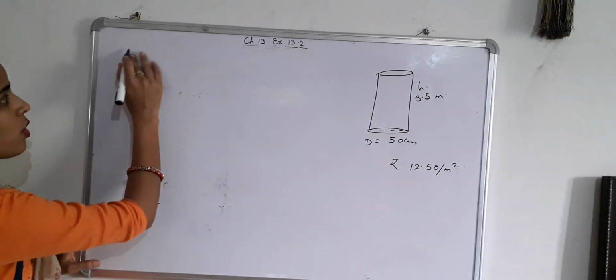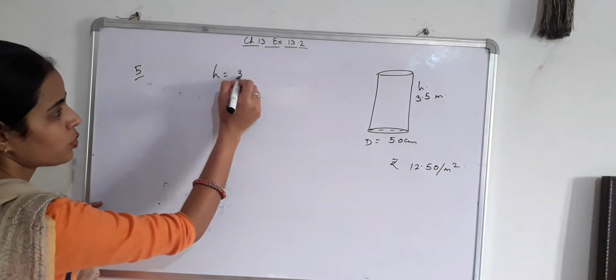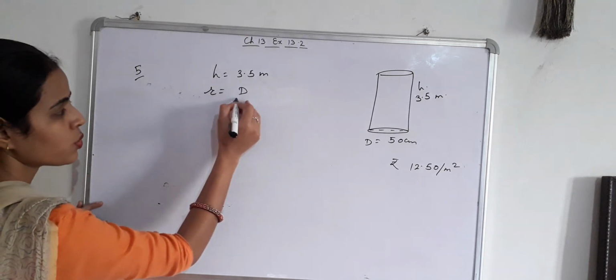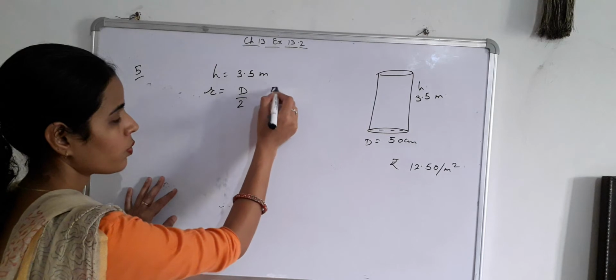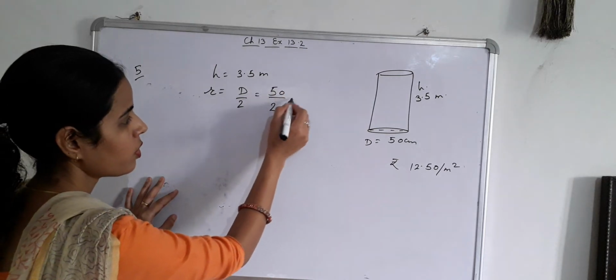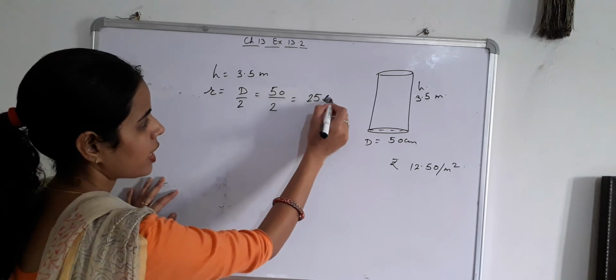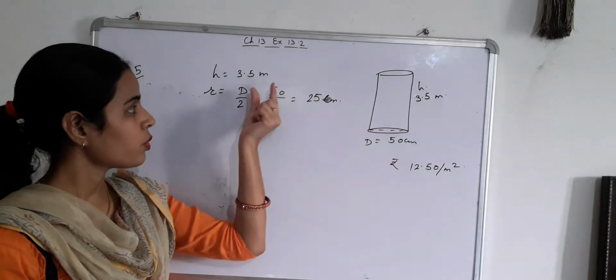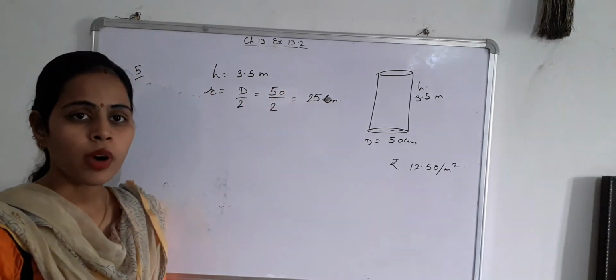Covered surface area of this pillar: h equals 3.5 meter, r equals diameter upon 2. Here diameter equals 50, 50 upon 2 equals 25 centimeter.